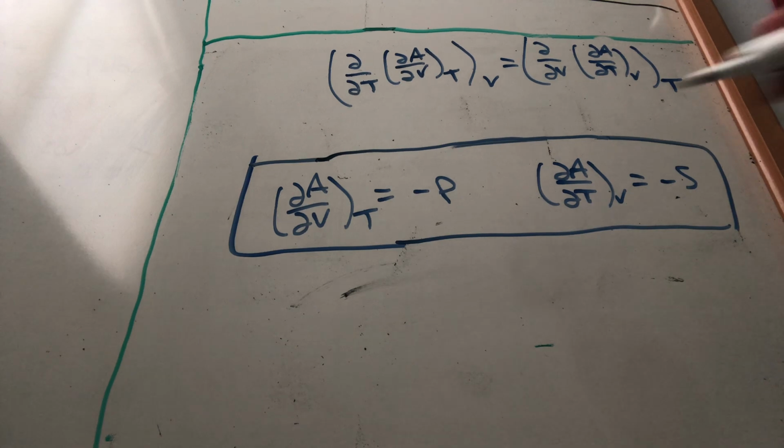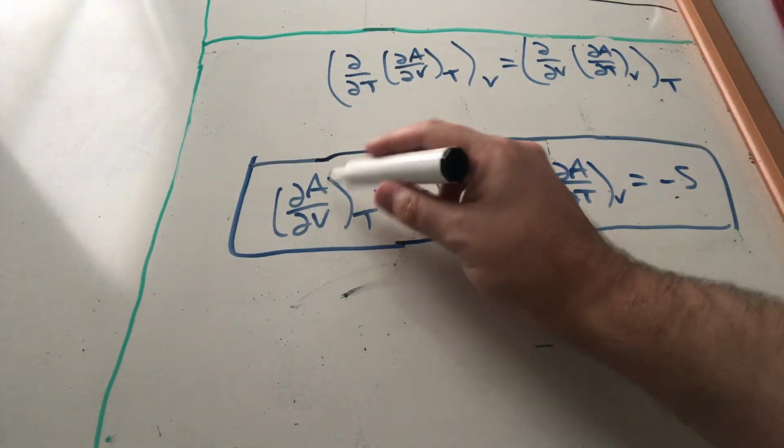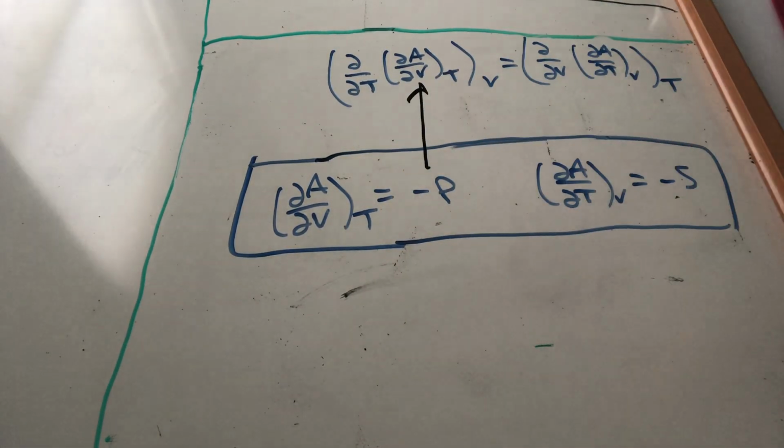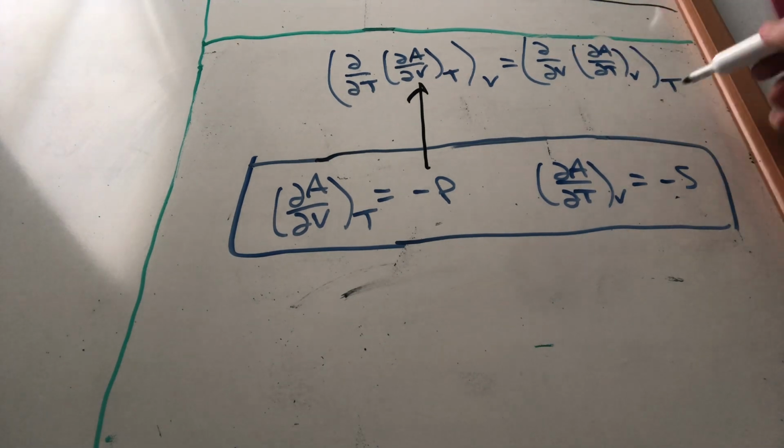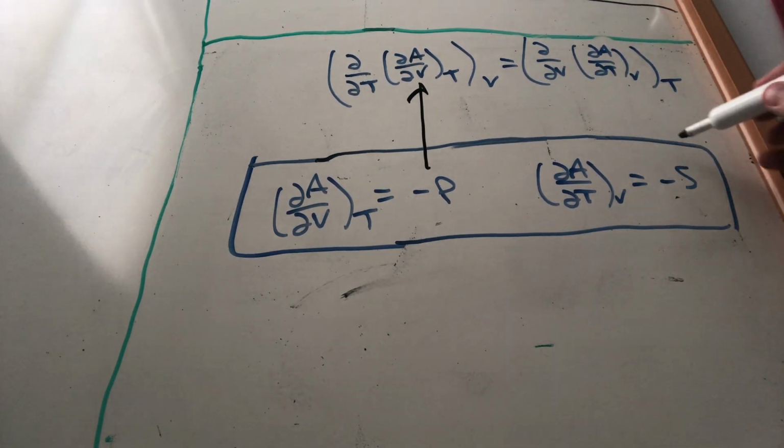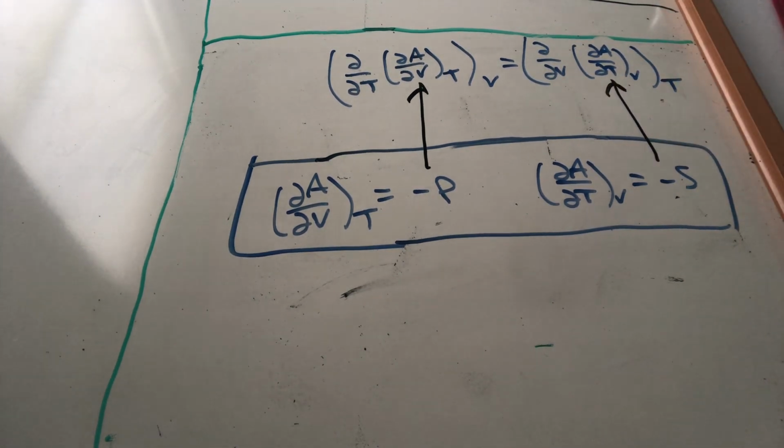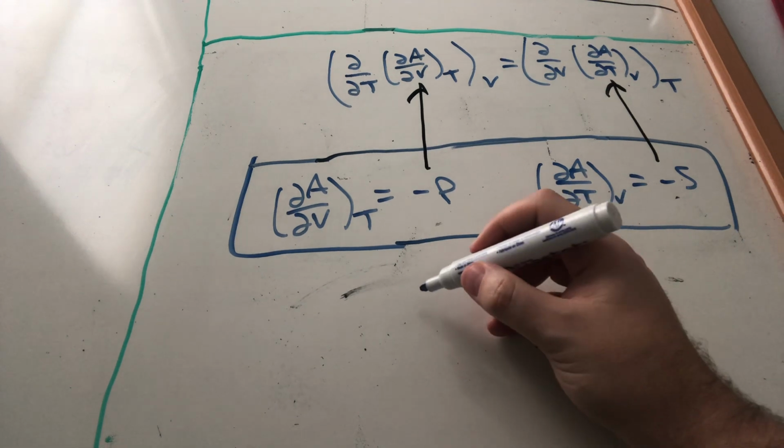We see that from our natural variable relationships, this partial derivative is simply minus P. And we see from our natural variable relationships that this partial derivative is actually minus S. So we make those substitutions in there.